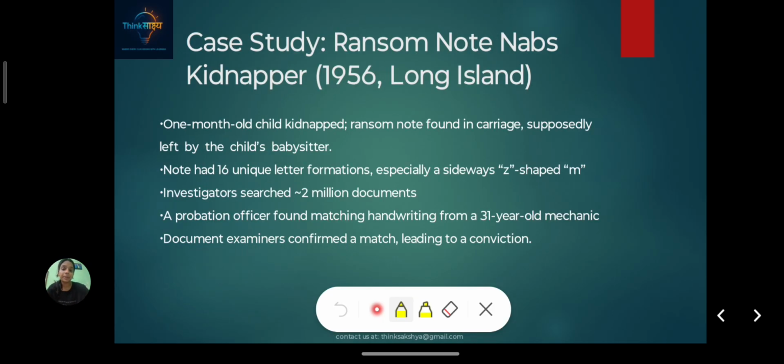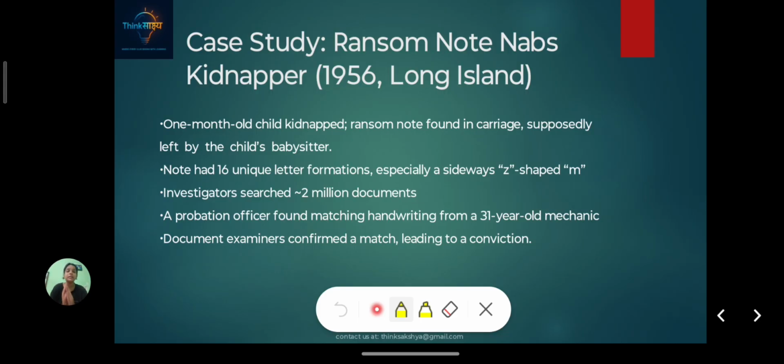For example, there was a famous case of a ransom note kidnapper, which happened in 1956 on Long Island, where a 1 month old child was kidnapped and a ransom note was left behind in its carriage.